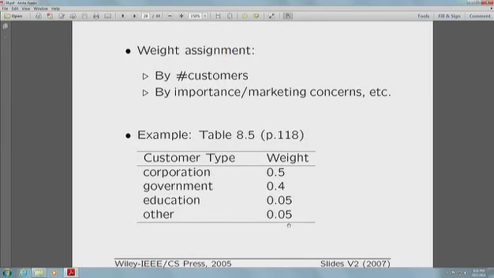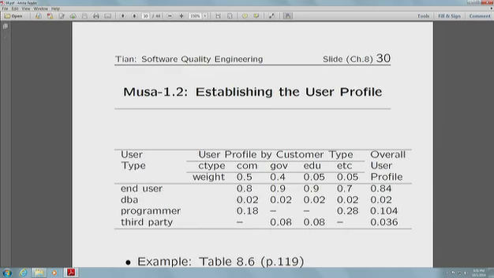Essentially, I turn this profile around, and this becomes the weighting factor. See here, the companies 0.5, government agencies 0.4, education 0.05, others 0.05.